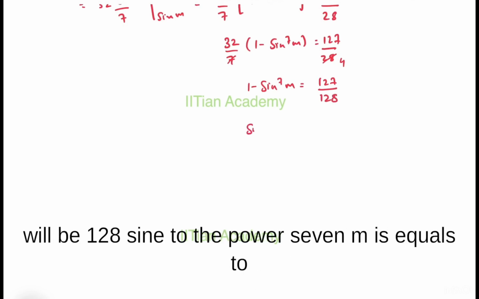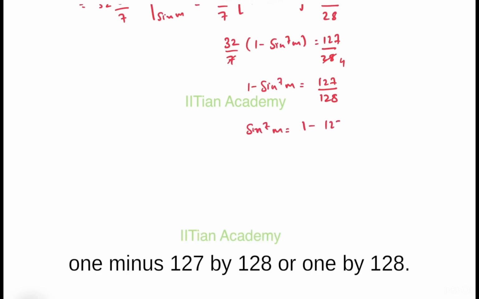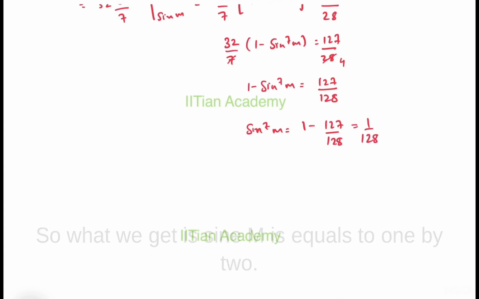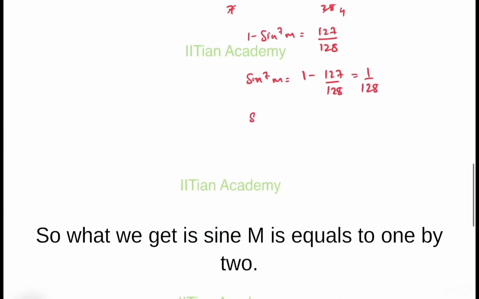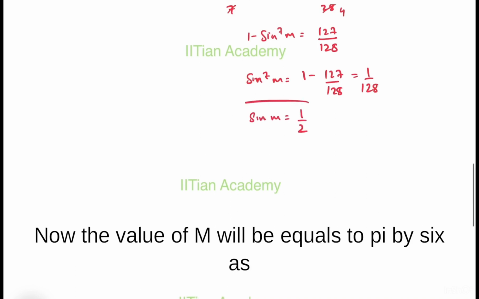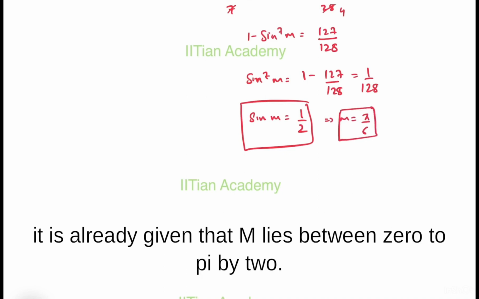So sin^7 m is equal to 1 - 127/128, or 1/128. So sin m is equal to 1/2. Now the value of m will be pi by 6, as it is already given that m lies between 0 and pi by 2.